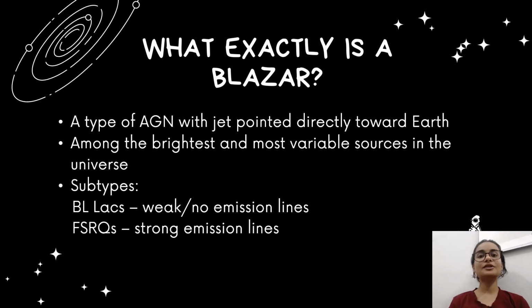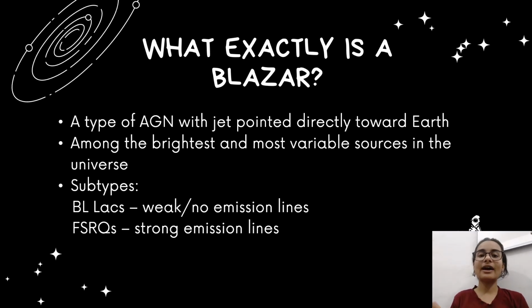So blazars are a special type of AGN where one of its relativistic jets is pointed straight at us. The jets are basically a stream of fast moving particles, which is why they are called relativistic jets. These blazars are incredibly bright as they emit across the entire electromagnetic spectrum.